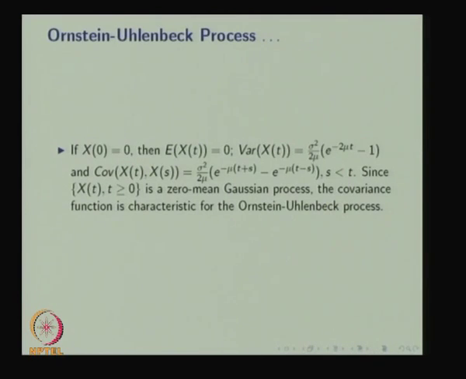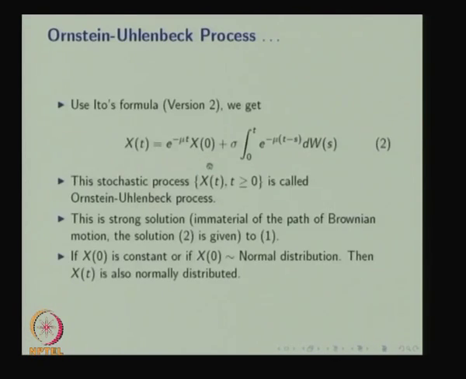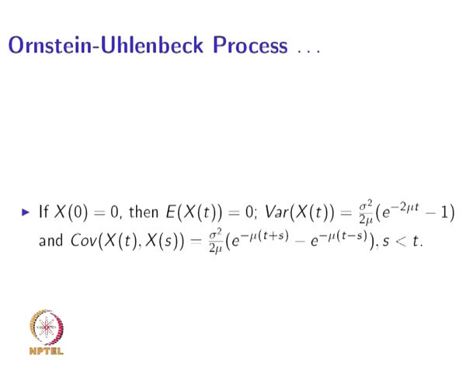So if x of 0 is equal to 0, you can find the mean of x of t. This will be 0, since it is a normally distributed random variable with mean 0, therefore the mean of xt will be 0. The variance one can also find.